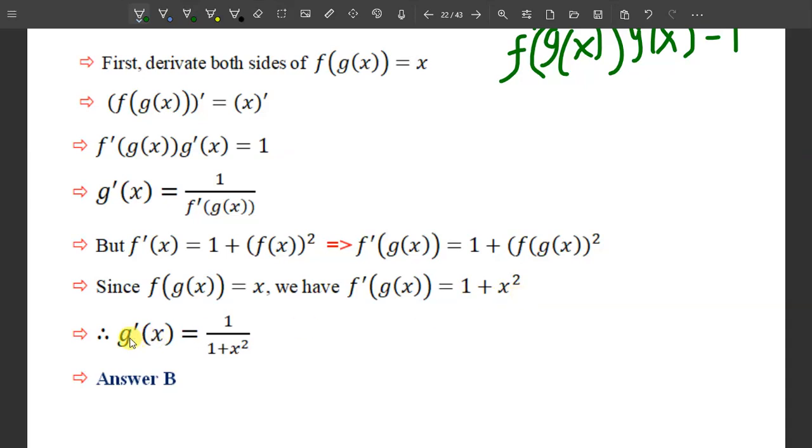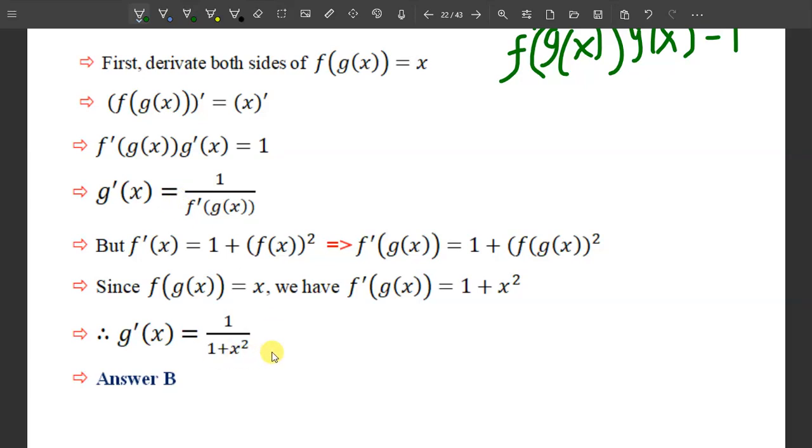Therefore, g prime of x, the derivative of g with respect to x, becomes 1 over 1 plus x squared.